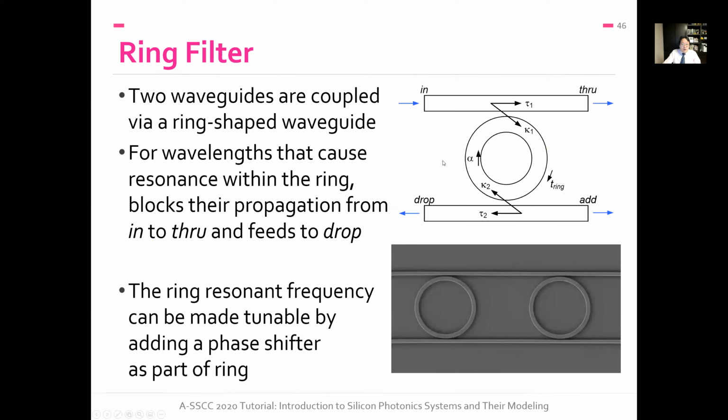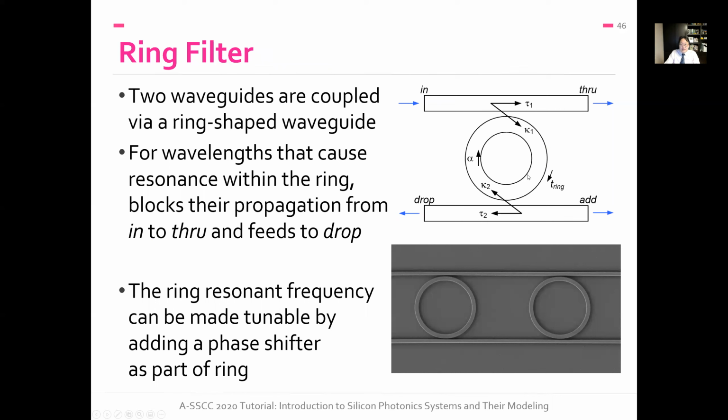You can couple more of this ring and waveguide to build more interesting structures, and one of them is called a ring filter. Here we have two straight waveguides and a couple through this ring-shaped waveguide. This part is basically a ring resonator, which means that when there's incident light, a particular wavelength satisfying the resonant condition can be trapped within the ring.